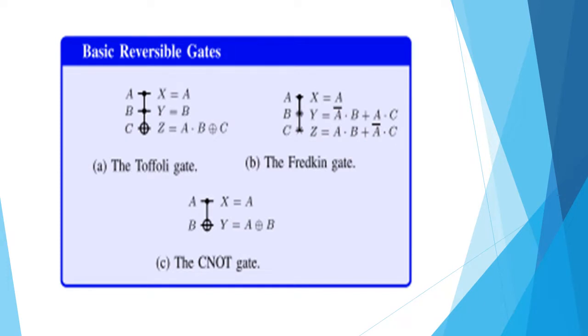Here the Toffoli gate is this, and this is the Fredkin gate. This is the CNOT gate.